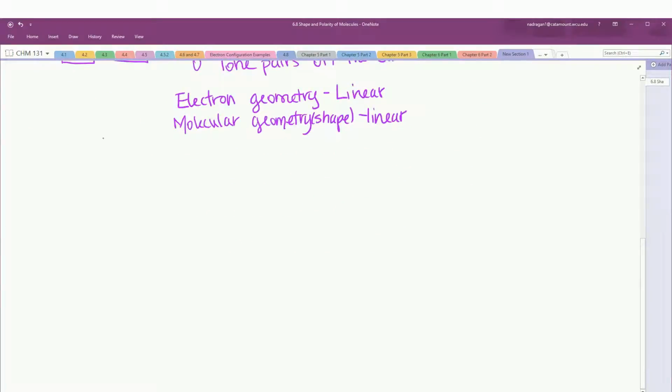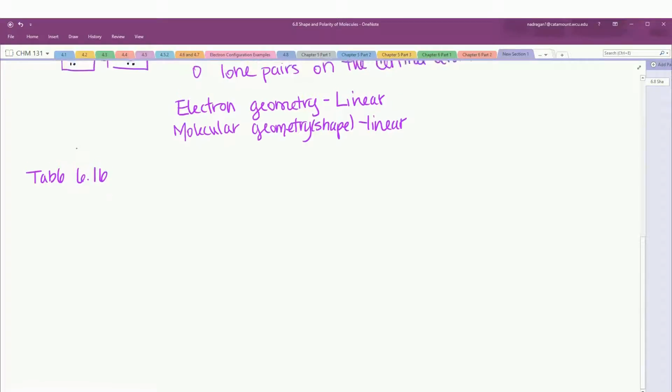Okay, so there's a table that you can follow in your textbook, table 6.16, to figure out what the electron and molecular geometry are. I'm going to write out a table in your notes here before we do another example. So this is not the same table from your textbook, but it's pretty much the same.